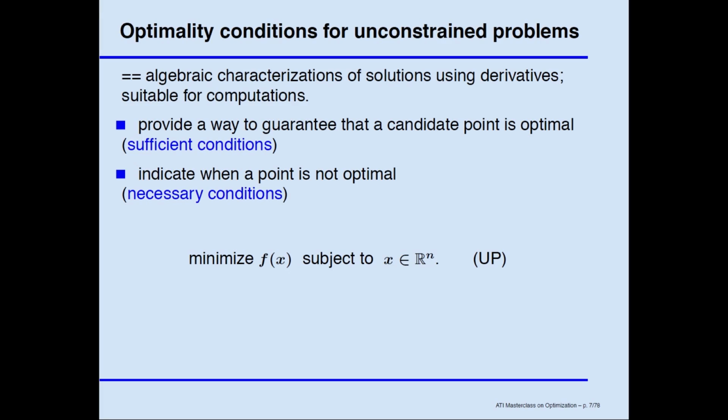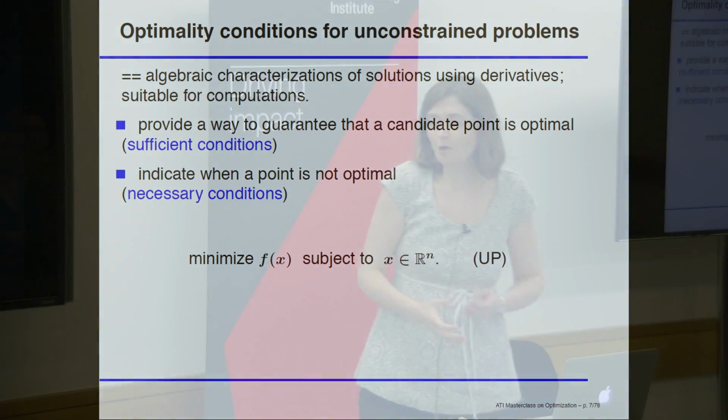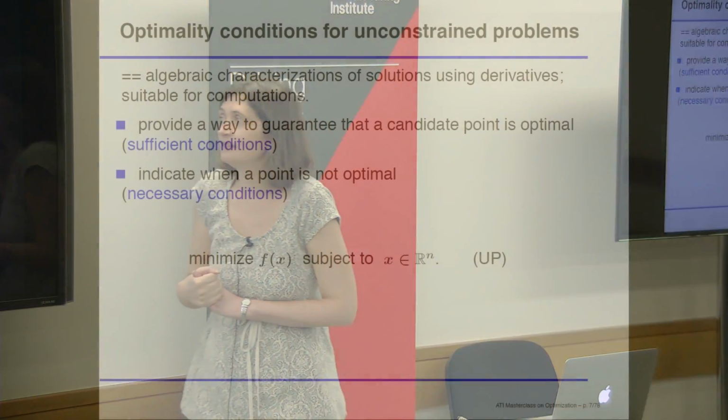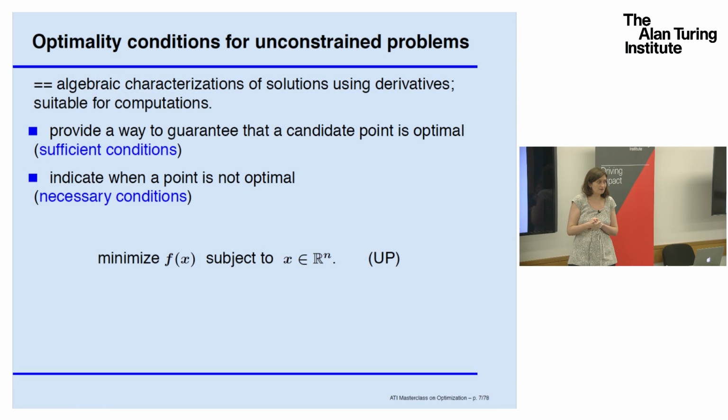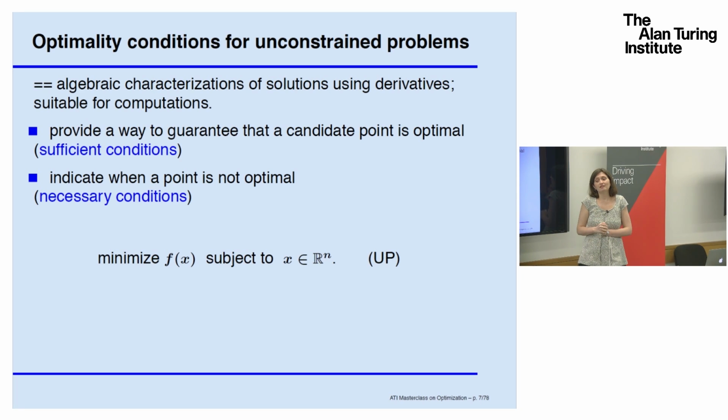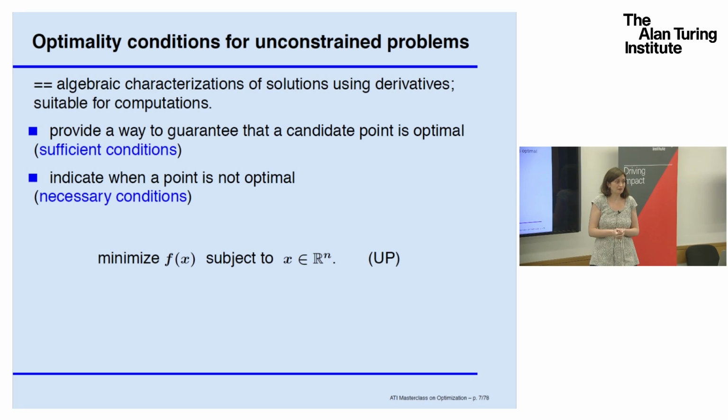All right. Now, the problem is that I can't yet start talking about algorithms, especially derivative-based algorithms, because I don't know how the definition I gave you for minimizers relates to actually me being able to design an algorithm for this problem. So can I characterize my solutions in terms of derivatives?